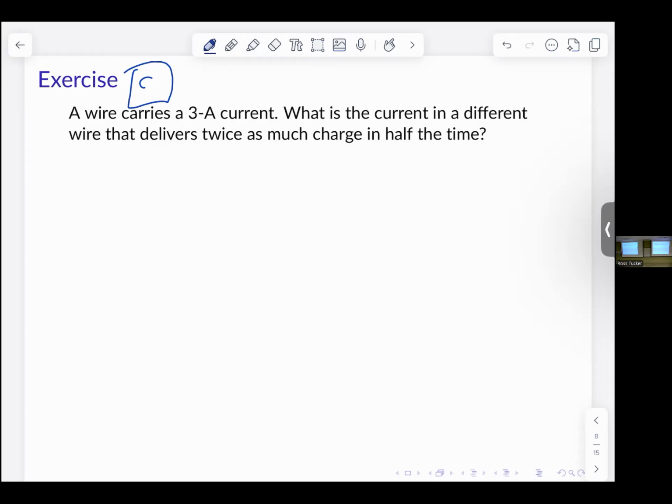So many correct answers. I'm very pleased. Current is not coulombs. Your unit should be amps.